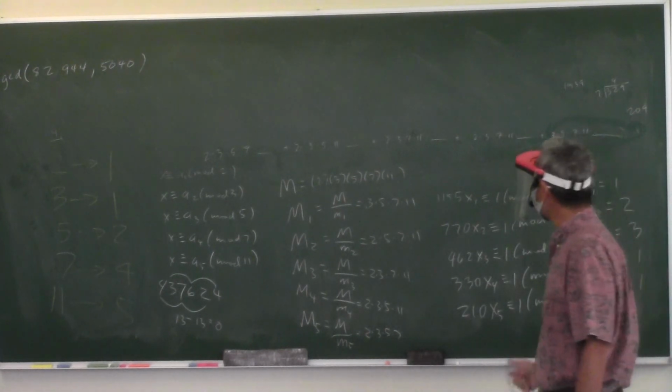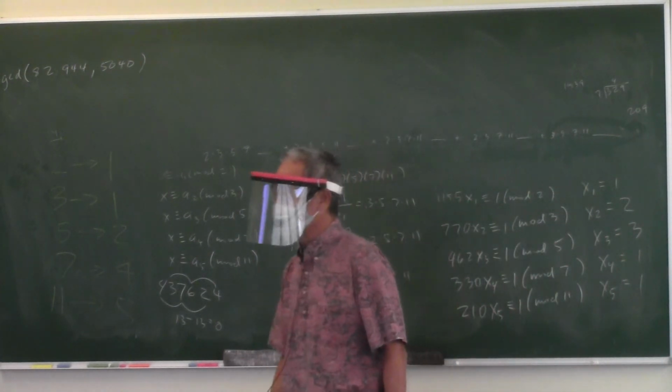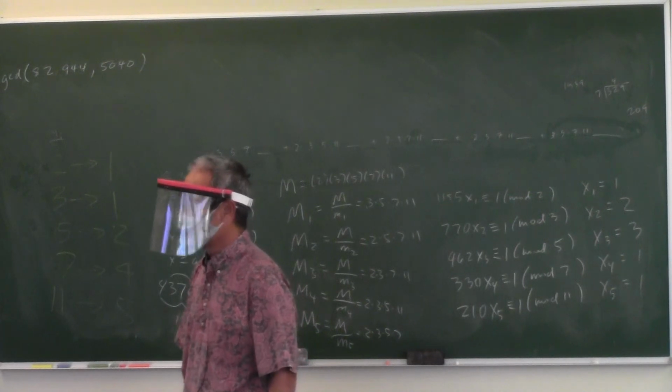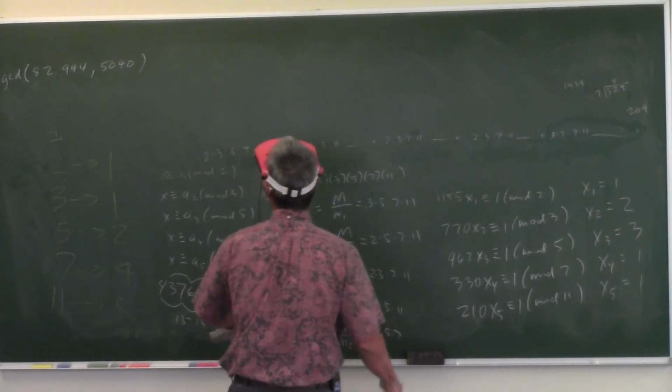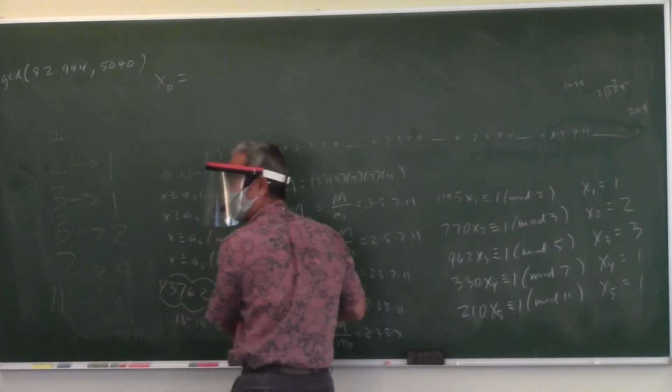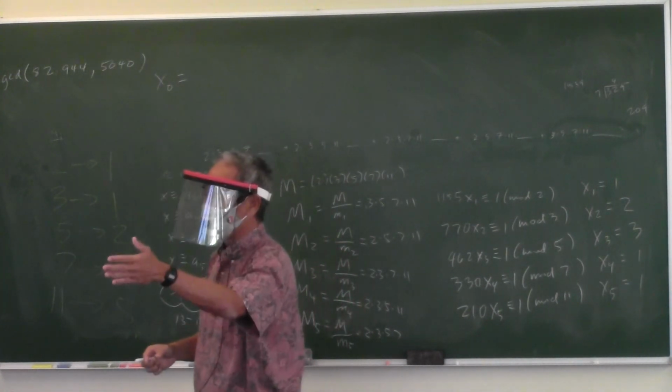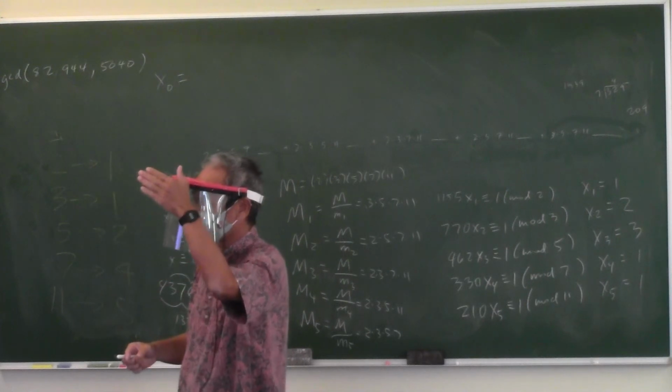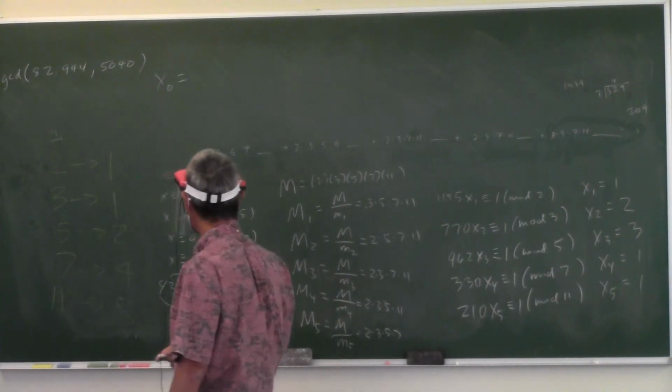Okay, now that we got all of these x_i's, what does it say to do? So let x naught, oh my gosh. Okay, let's do it up here. Let x naught be equal to M1 times a1 times x1. Isn't it easier to just put those numbers in there?